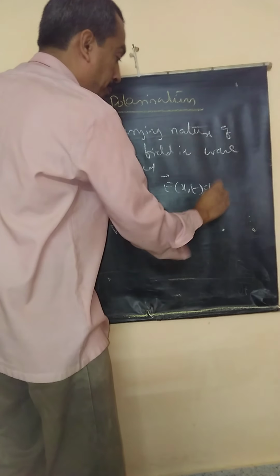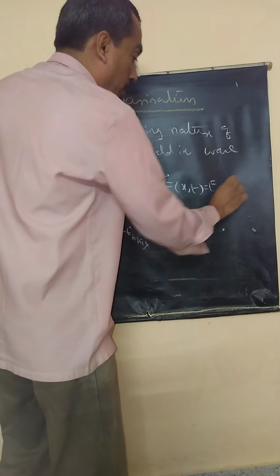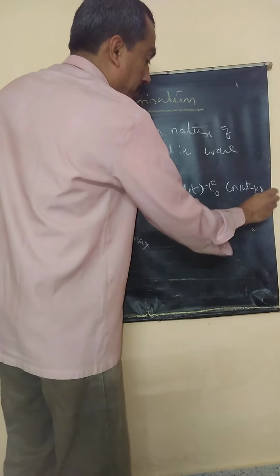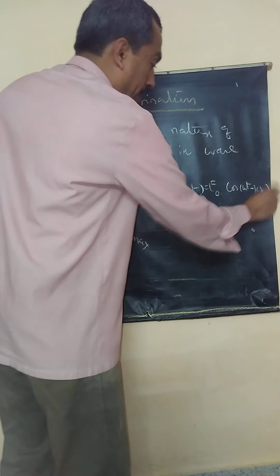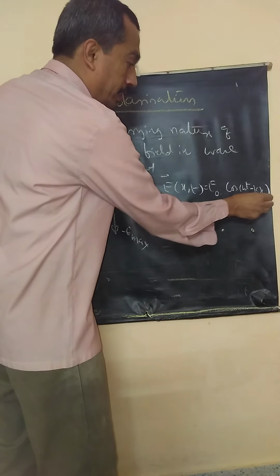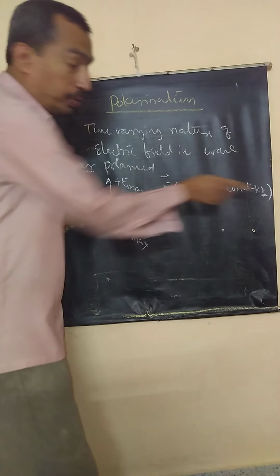E is equal to E naught e power j (omega t minus kx), or cos(omega t minus kx). This wave is moving along the x-axis.